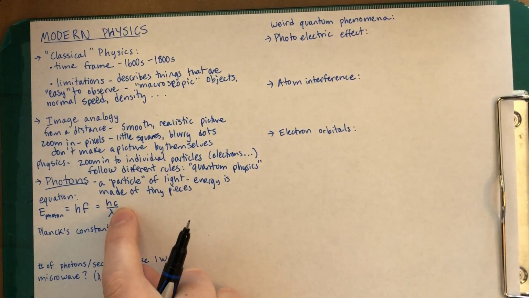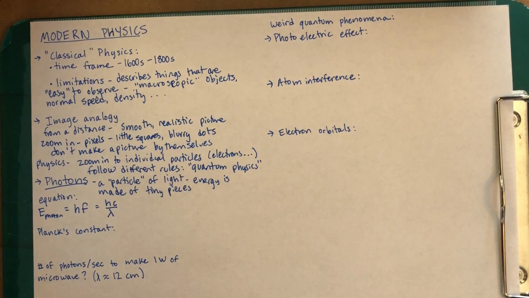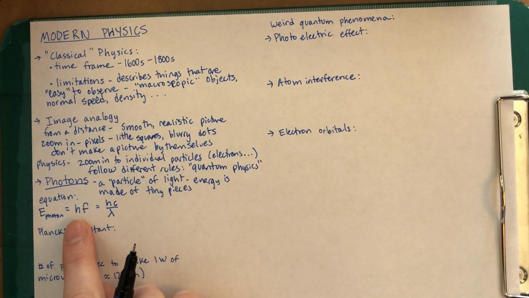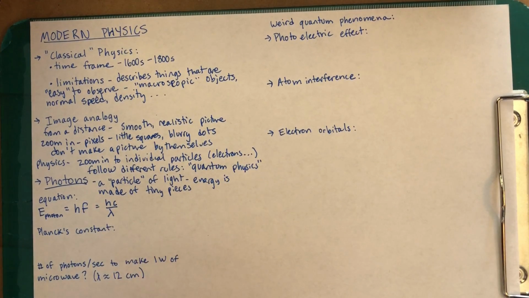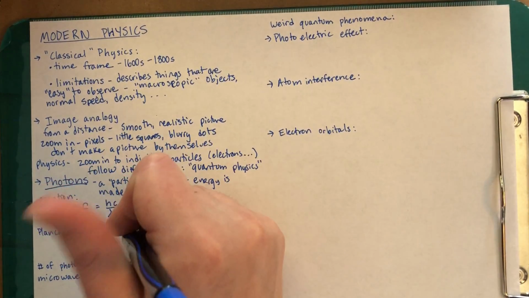Now, hopefully you remember that C is the speed of light, F is the frequency, lambda is the wavelength. These are the same letters we've already been using. And this H is a new constant. It's on the front of the reference table like everything else is.